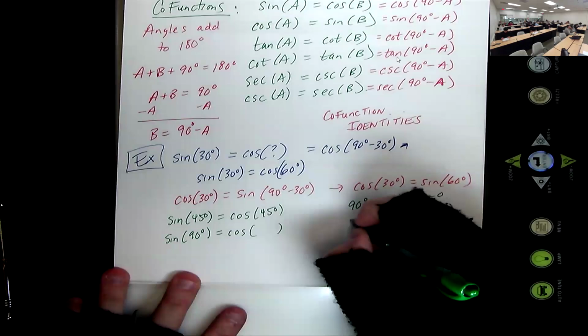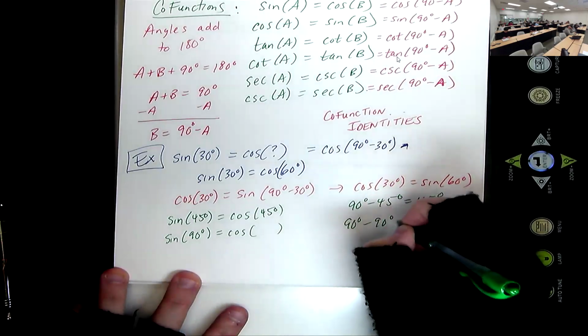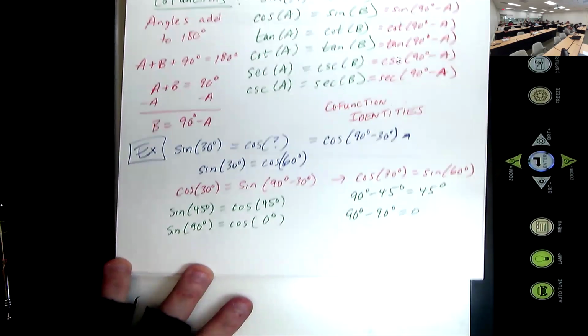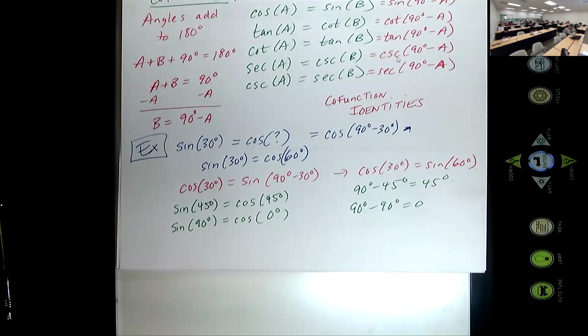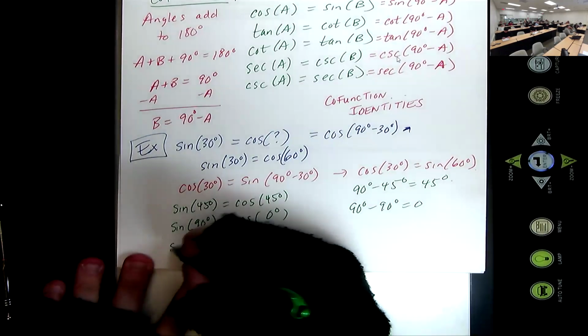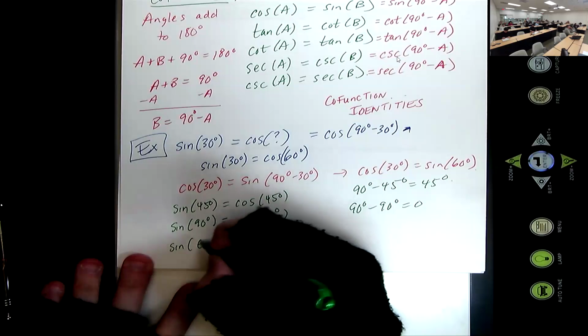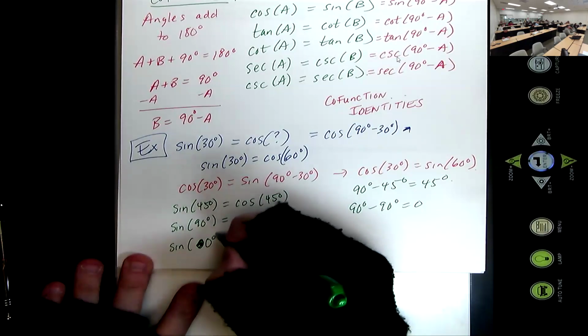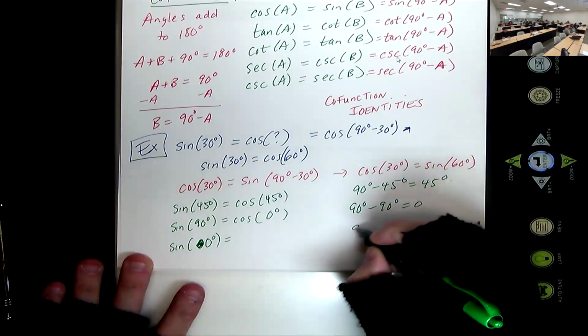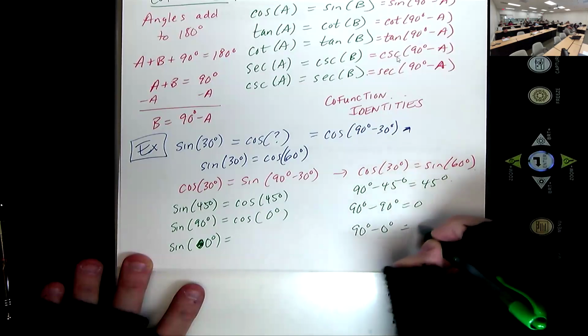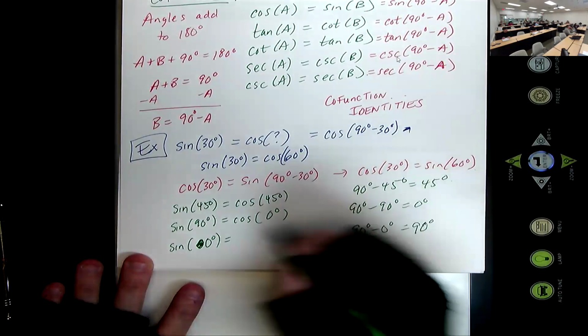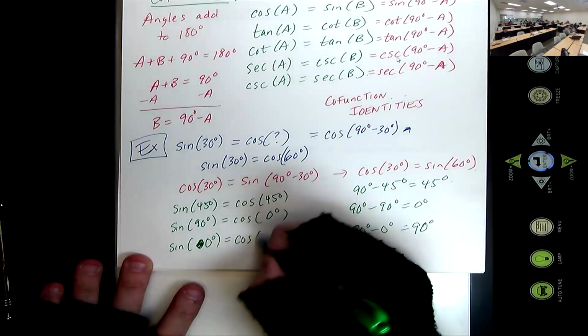Zero, right? 90 minus 90 is 0. And I'll do sine of 0 degrees. If I do 90 minus 0, I get 90 degrees. So sine of 0 degrees is cosine of 90 degrees.